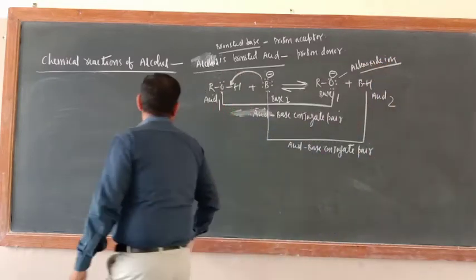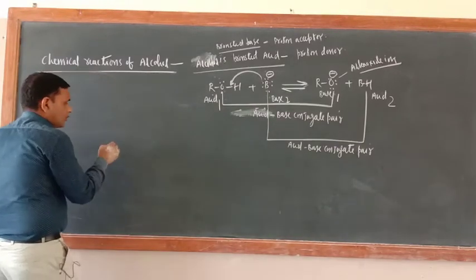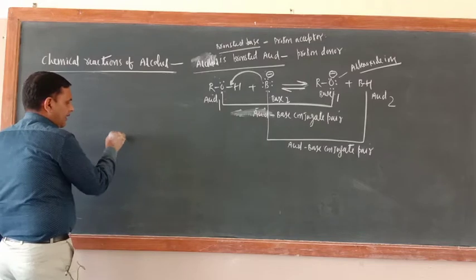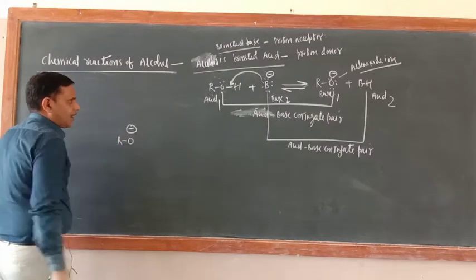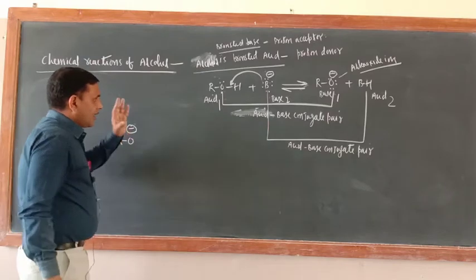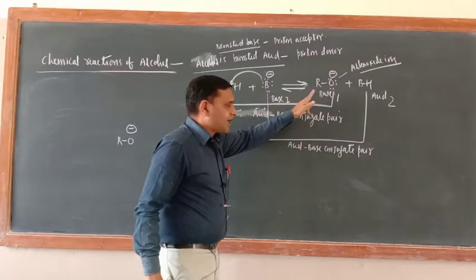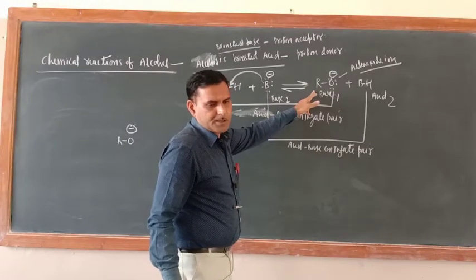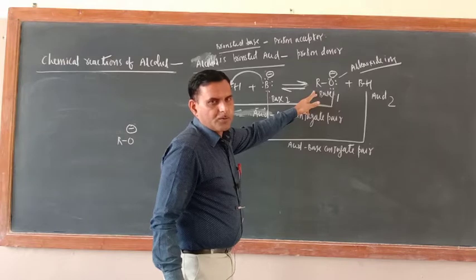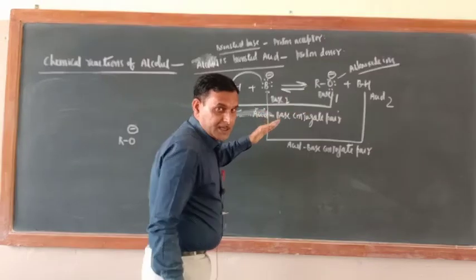Now what we can say here, there are certain conclusions. Alkoxide ion, RO negative. Actually, here a lack of one proton is there, so it will gain one proton very easily.